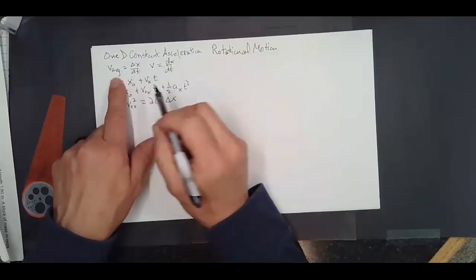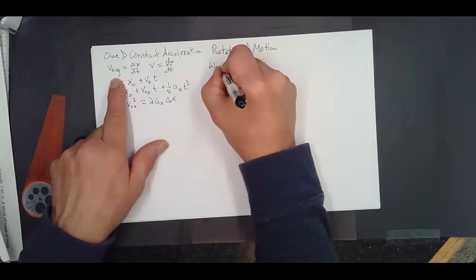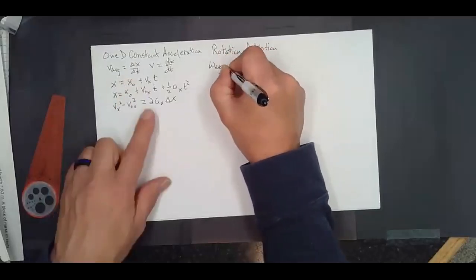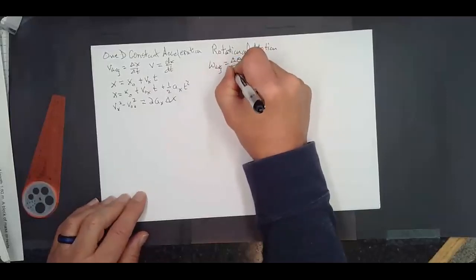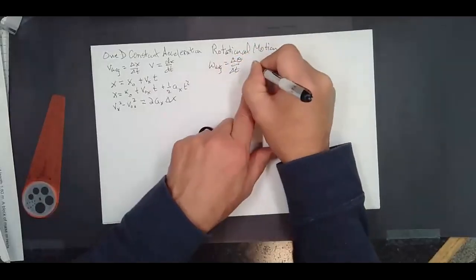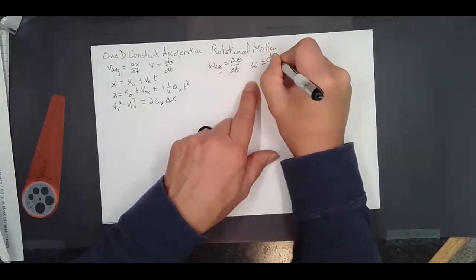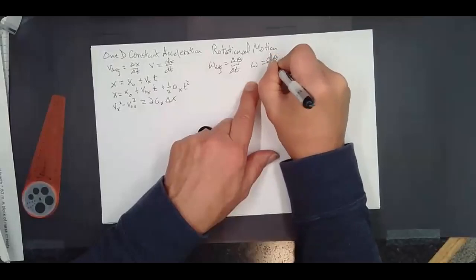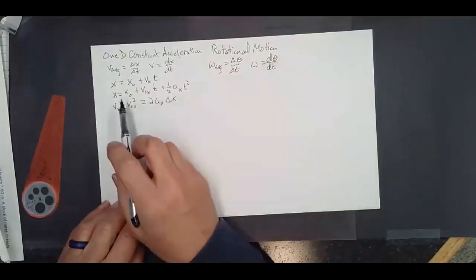Well, one thing I can write down is that the average angular velocity is going to equal delta theta over delta t. And the instantaneous angular velocity will be d theta dt. So there are parallels here, so hopefully that's not too bad.